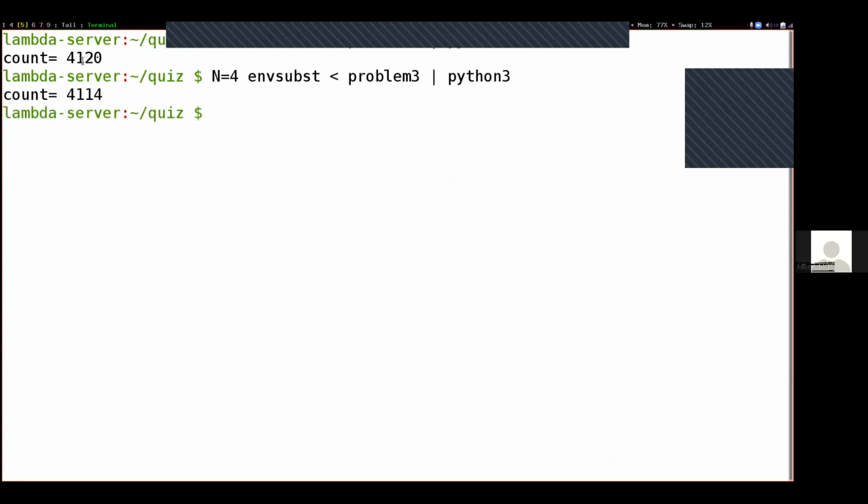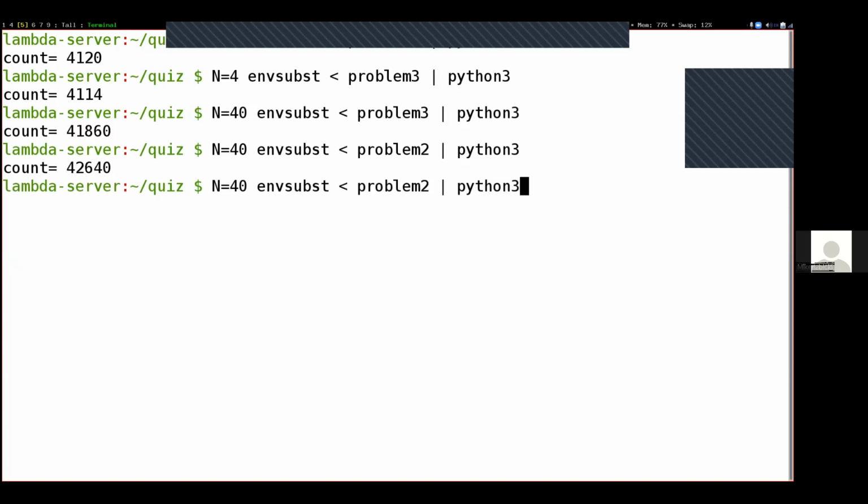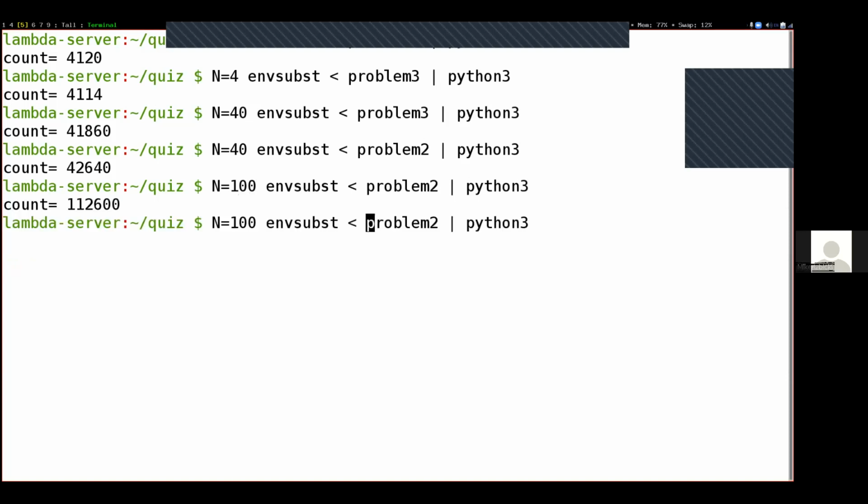You can see that these numbers are really, really close together. If I change this from 4 to say 40 for problem 3 and 40 for problem 2, these numbers are still really close together. And no matter what numbers I select over here, these numbers are going to stay pretty close together.